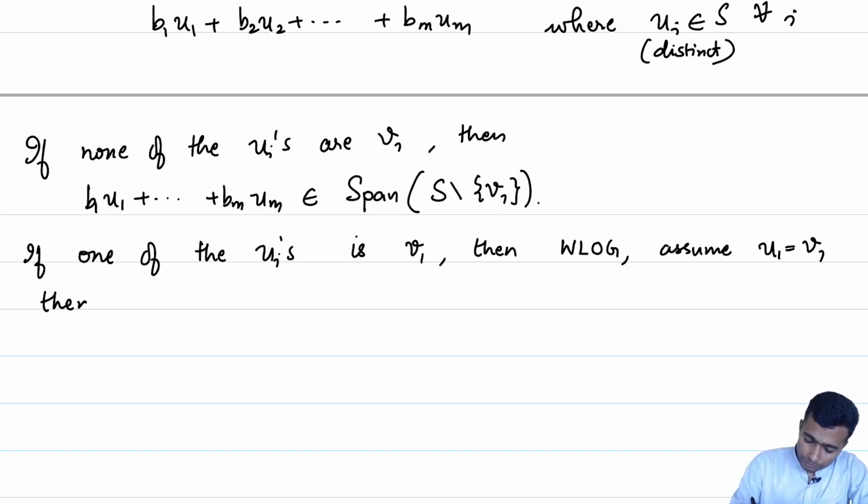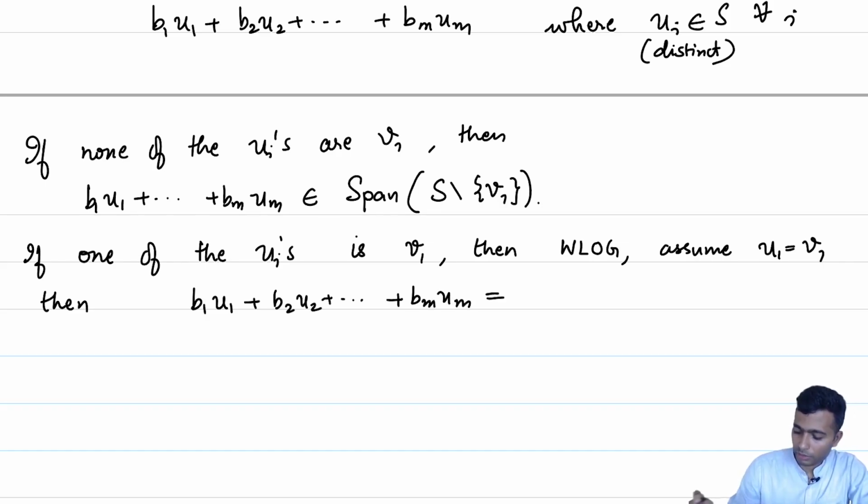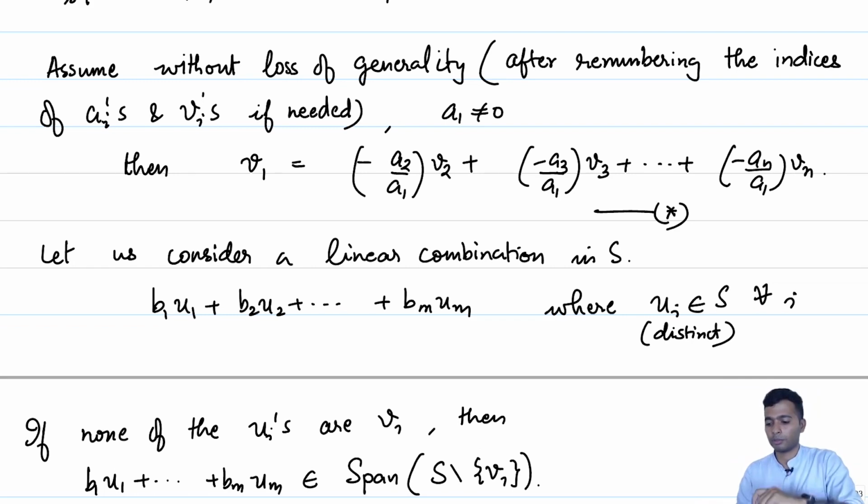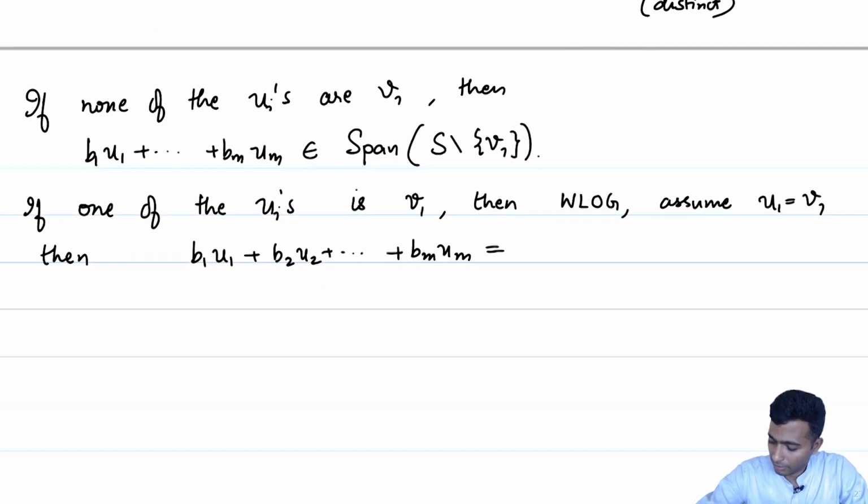Then b1 u1 plus b2 u2 plus up to bm um is again equal to, let us invoke this equation star, where we wrote v1 as a linear combination of v2, v3 up to vn.